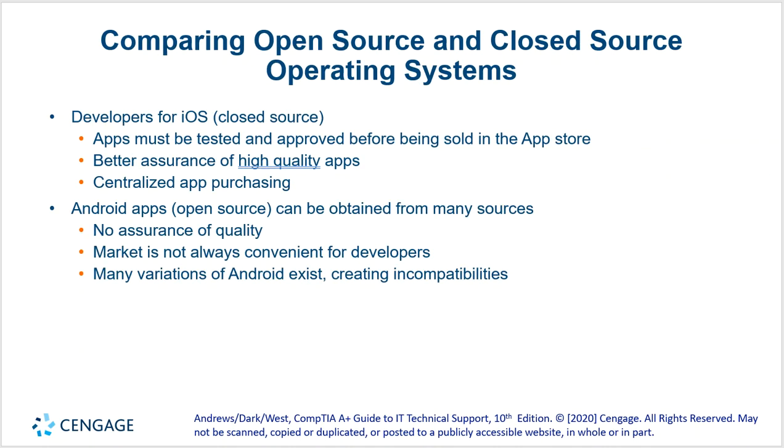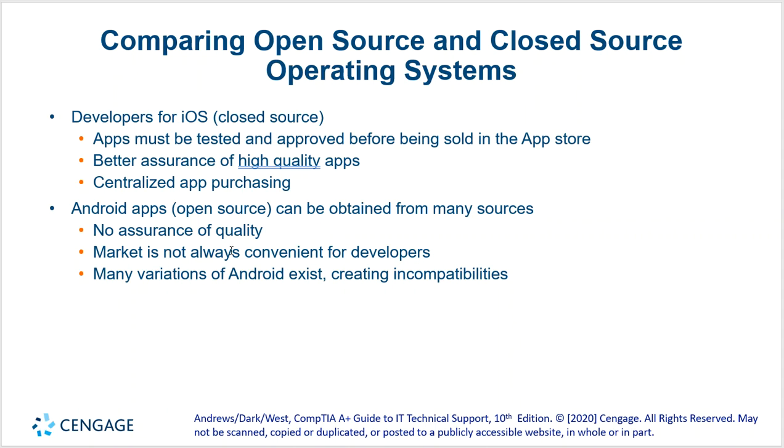Alright, so talking about open source and closed source operating systems. Developers for iOS, it's closed source. Apps must be tested and approved before being sold in the App Store. Better assurance for high quality apps. Centralized app purchasing. Right, but with Android apps, it's open source. It can be obtained from many sources, and I've named a few.